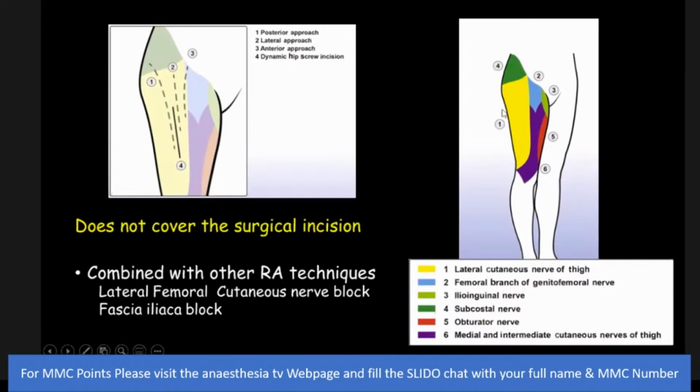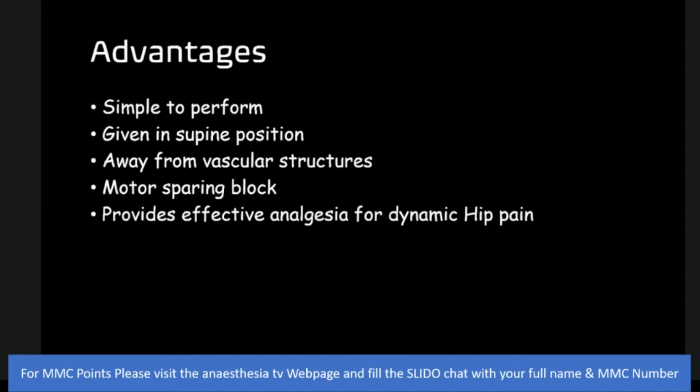If you see here, this part is covered by the lateral cutaneous nerve of thigh. So in perioperative settings, PENG block needs to be combined with other blocks like lateral femoral cutaneous nerve block or fascia iliaca block.